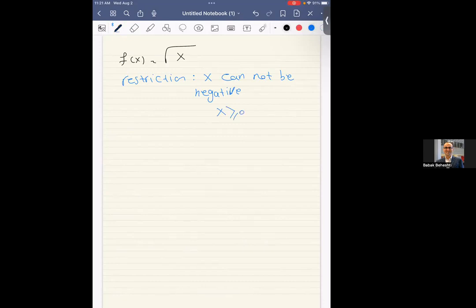So for the square root of x, the domain of f is the set of all real numbers such that x is greater than or equal to 0. In interval notation, the domain of f is the closed interval from 0 to infinity. When I put a closed bracket like this, that means it's inclusive.